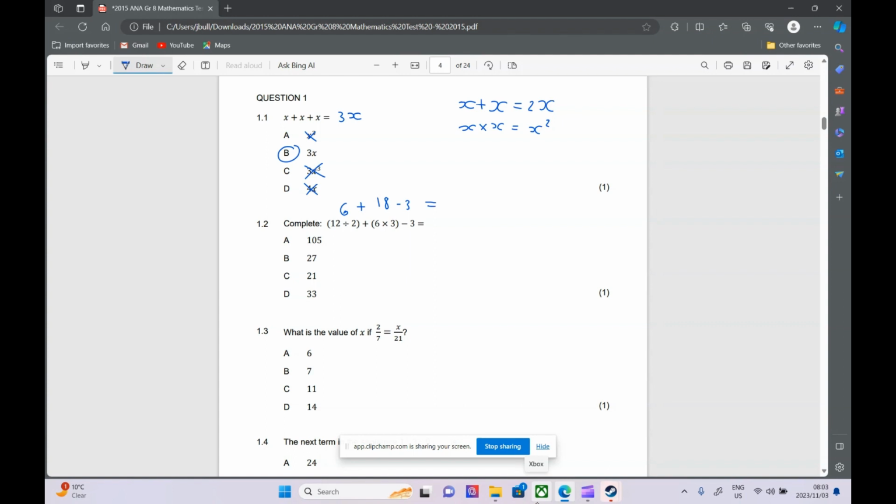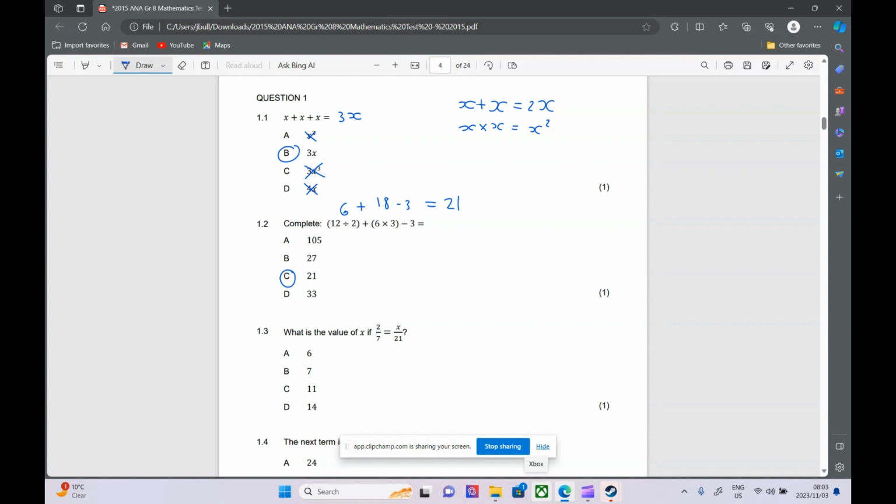At the bottom, how did I get from 7 to 21? It's always what did I times or what did I divide? Here 7 times 3 gives me 21. Because they're equivalent fractions, you always do exactly the same at the top. So 2 times 3 gives me 6 at the top. So the value of x would be 6 for this one.